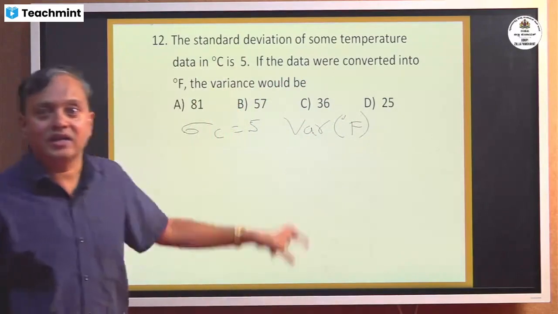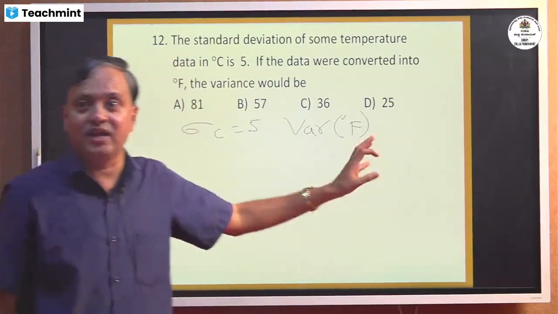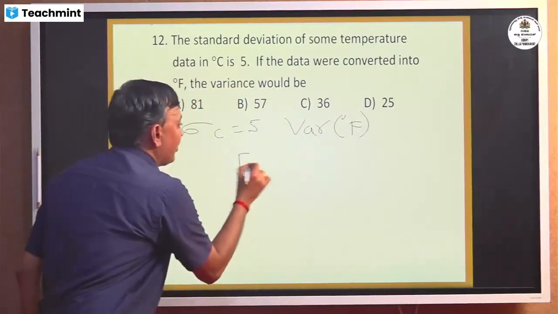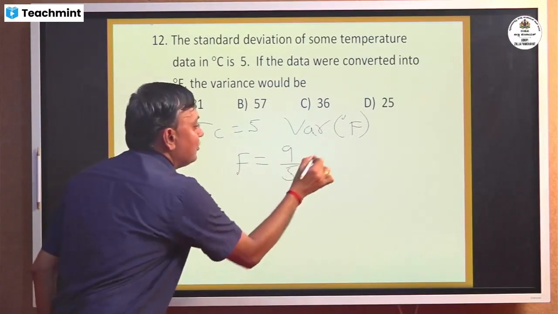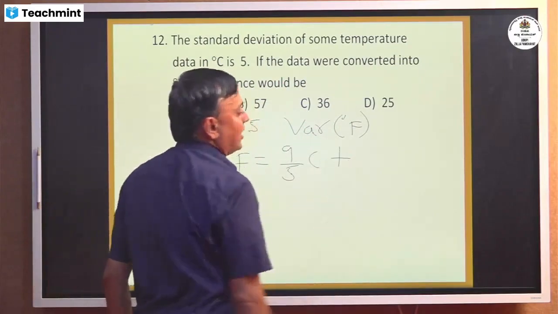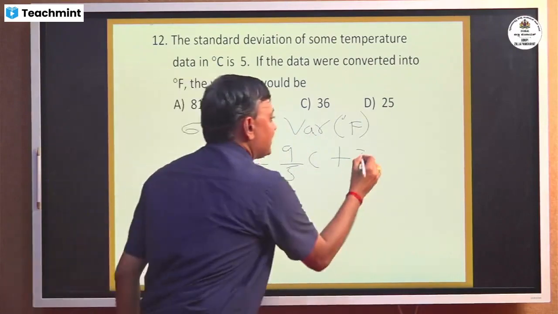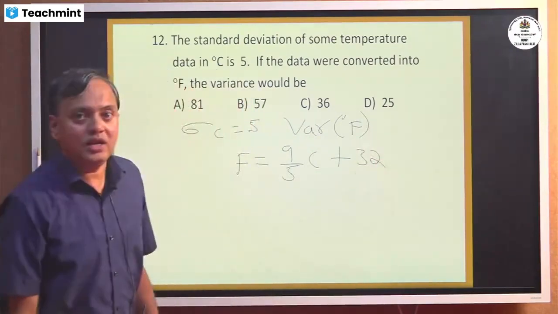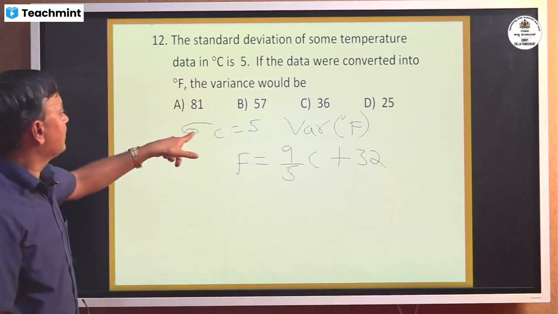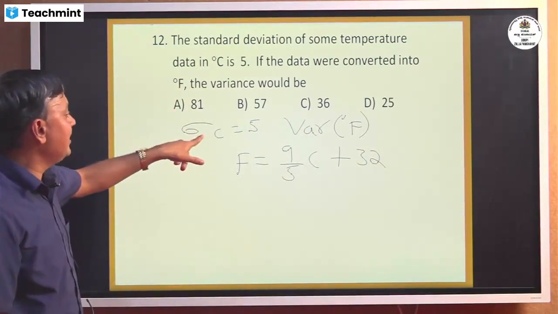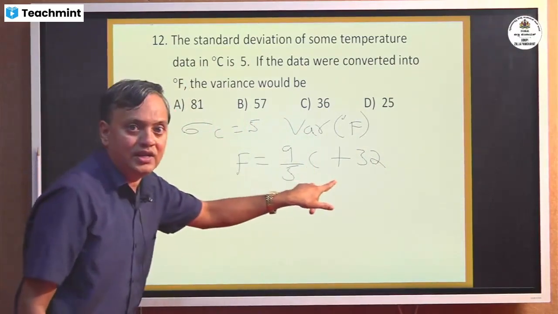We know the relation between degrees Celsius and Fahrenheit: F is equal to 9 by 5 C plus 32. Now what we need here, given is the standard deviation in degrees Celsius.